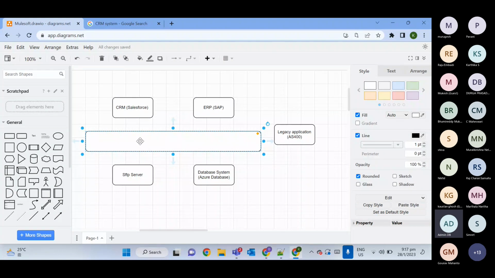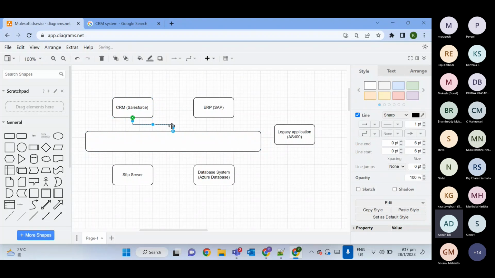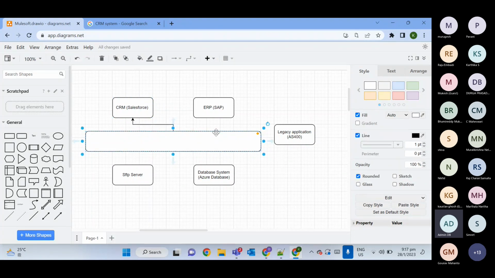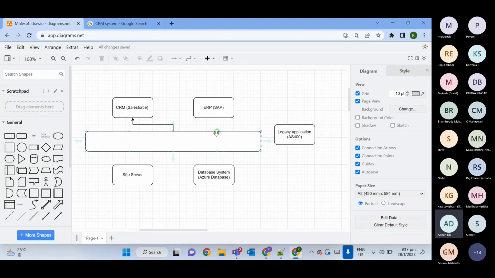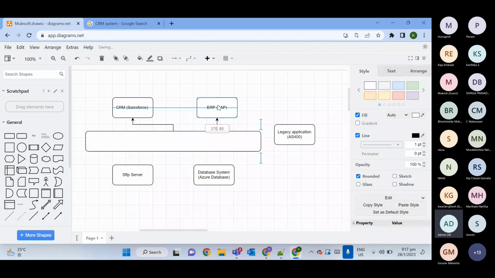So this translator knows how to connect with the ERP system, how to get data from the ERP system, how to get data from the CRM system, how to connect with this legacy system, how to connect with this database system.